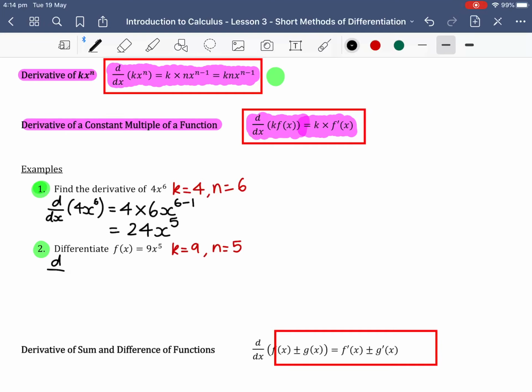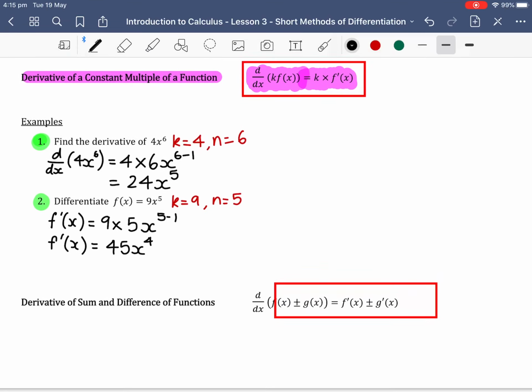So f dash x equals our k, so our 9, times our 5 times our x to the power of 5 minus 1. So f dash x will equal 9 times 5, which is 45, x to the power of 5 minus 1, which is 4. And so we have differentiated f of x.